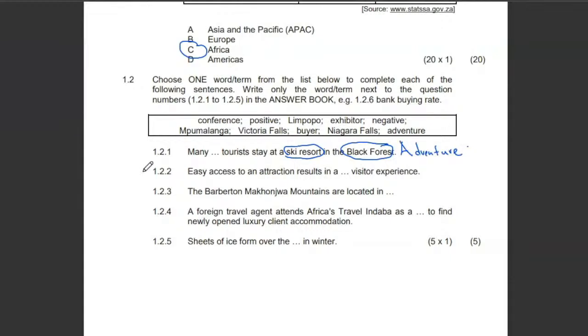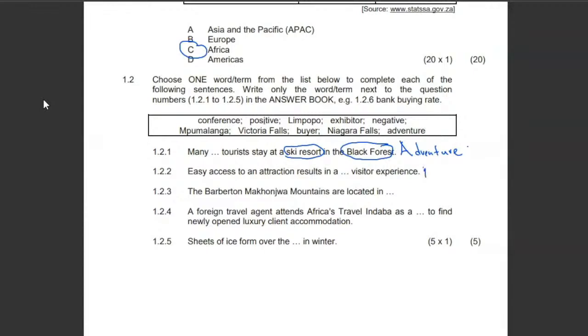Then the second question reads 1.2.2, easy access to an attraction results in a what experience? All right, when tourists find an attraction easy to access, it is a positive thing. So if you look at the options provided, we do have positive.